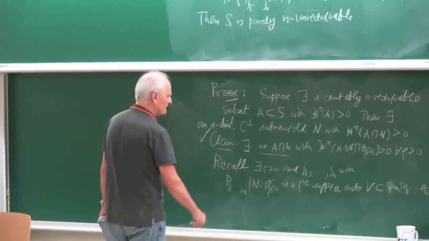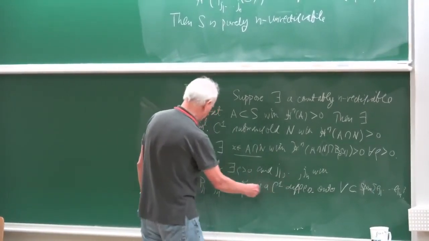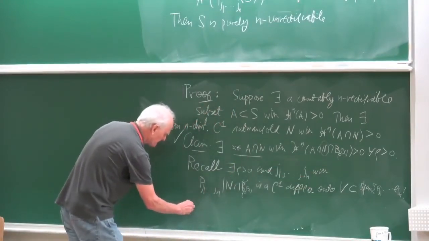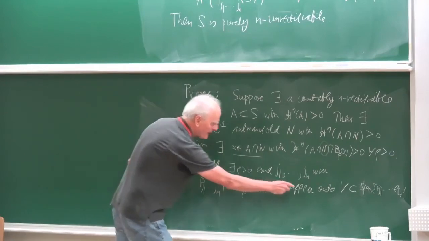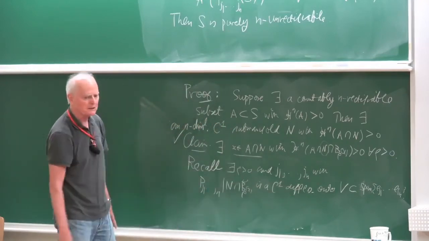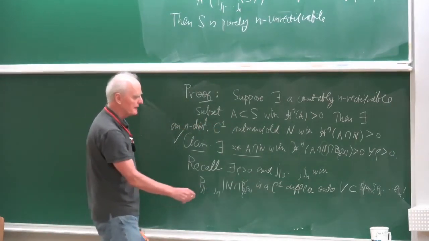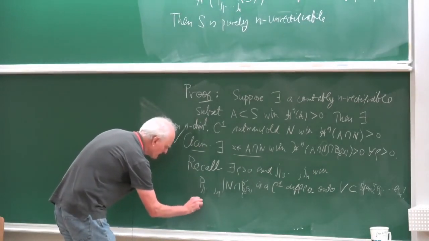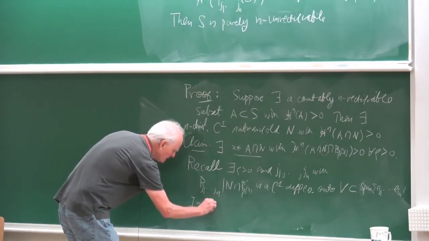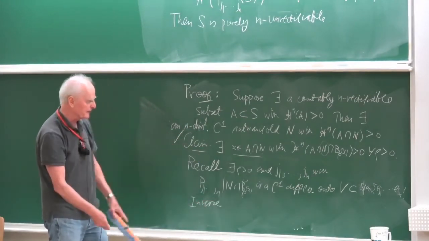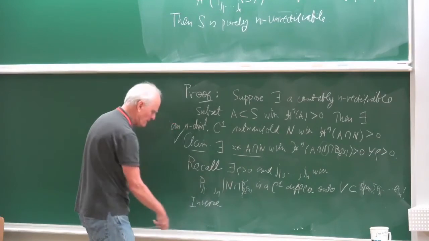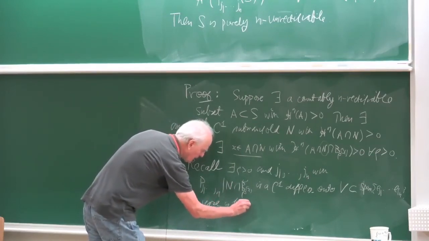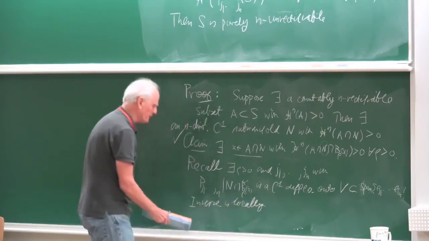But then you see the inverse of this map is a C1 map, hence locally Lipschitz. So the inverse, which is the local coordinate representation for this part of N, is locally Lipschitz. In fact, it's C1. C1 maps are always locally Lipschitz.